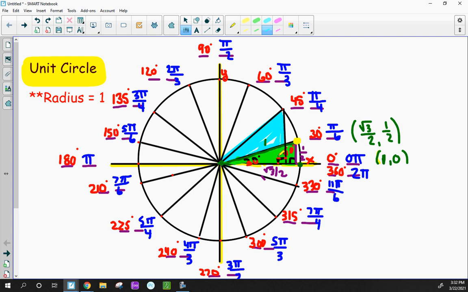It's all of this plus the green down here. So here, here, and here, all the way. Okay, that blue triangle right there has a radius of 1 because it connects the circle to the center.